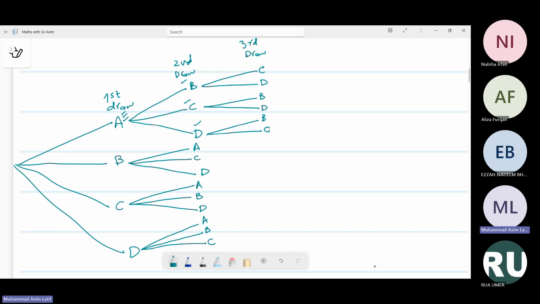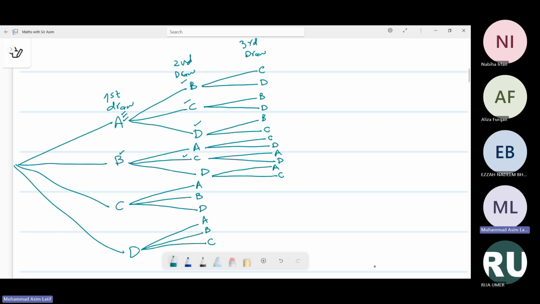Then for this one, two possibilities after having B and A might be C and D. And then after having B and C, we have got either an A or a D. For this B and D, we can have either an A or a C.